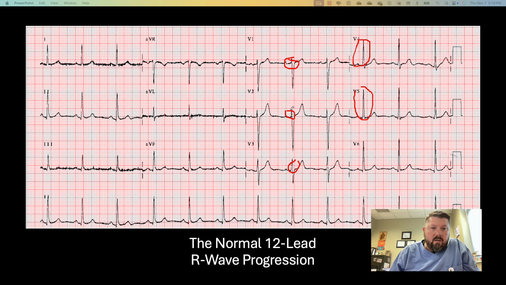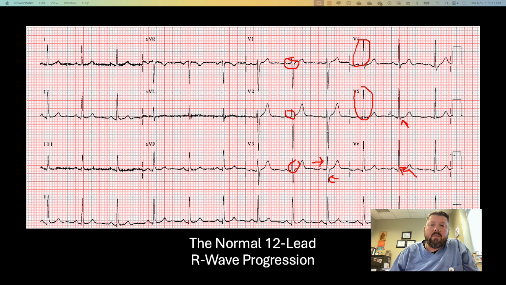The R wave is not larger than the S wave in V2 or V1, but if you notice in V4, it is starting to get larger than the S wave.